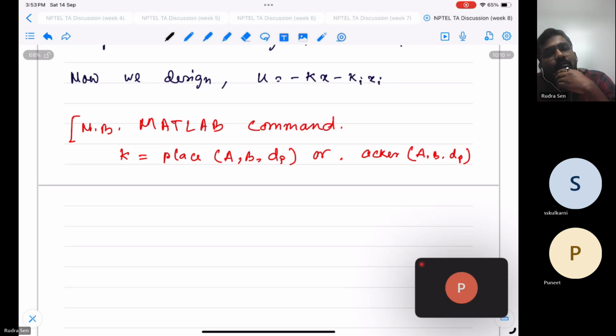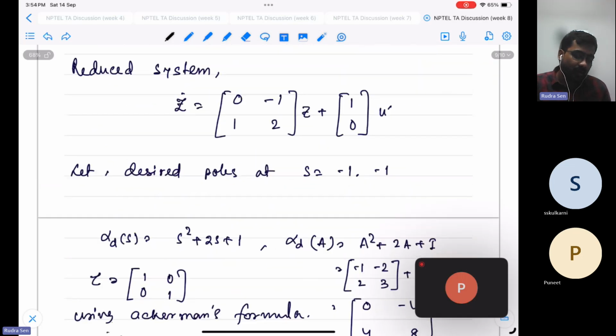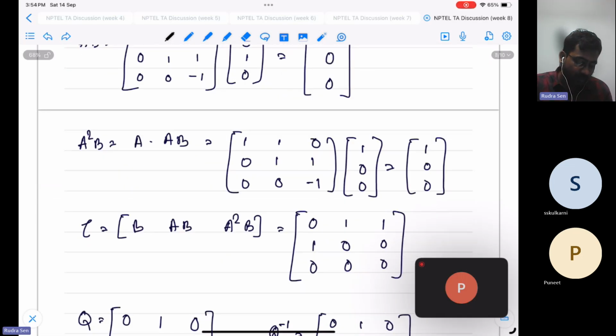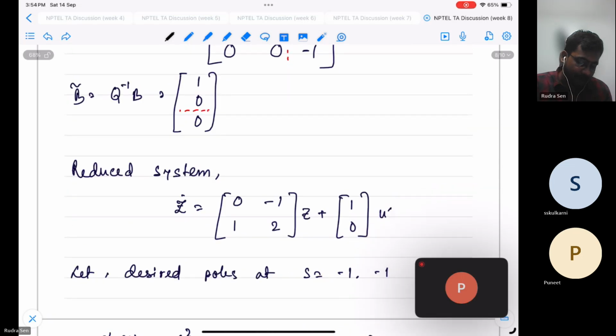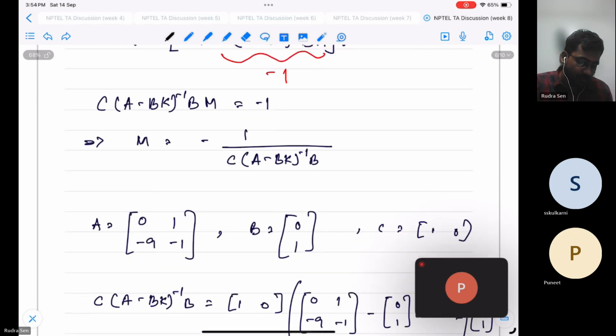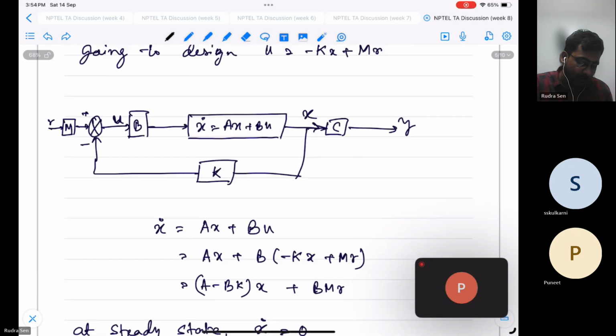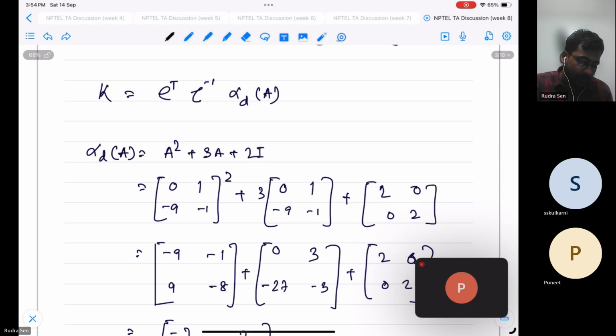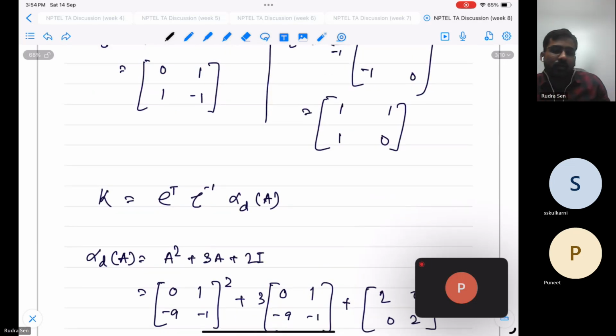Okay, so let me tell you. No worries. You can see in the Ackermann formula, this is basically the Ackermann formula, right?